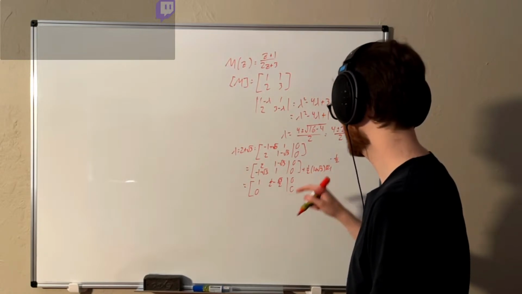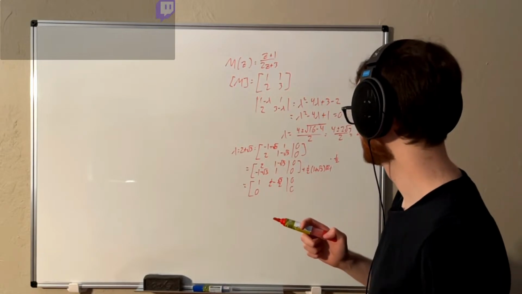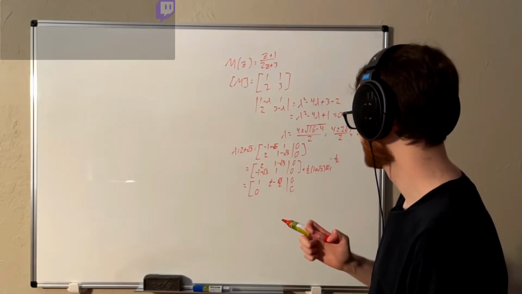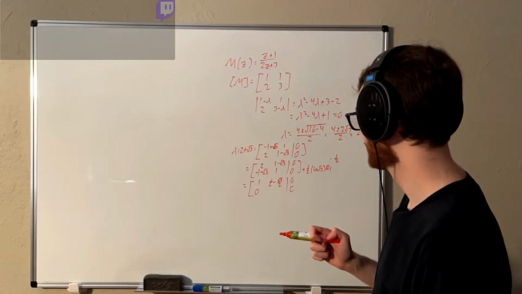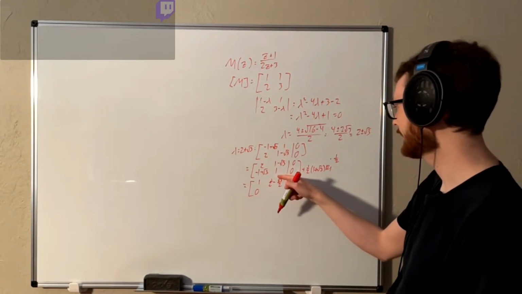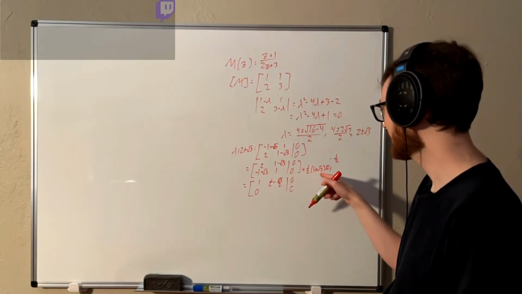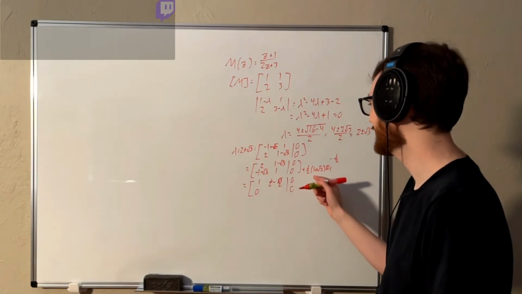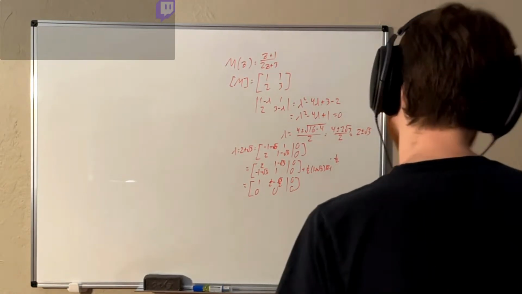Wait, no. Why can't I do this math? It's 1 minus root 3 times 1 plus root 3, which is negative 2. Oh, and then it's times 1/2, which is negative 1. There we go. Okay, that's what I wanted.